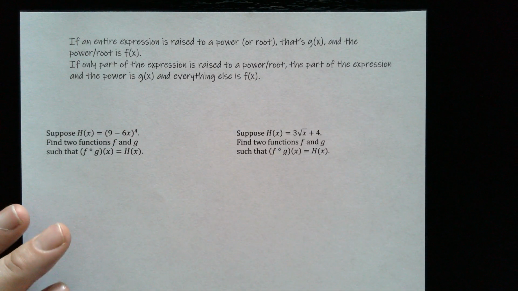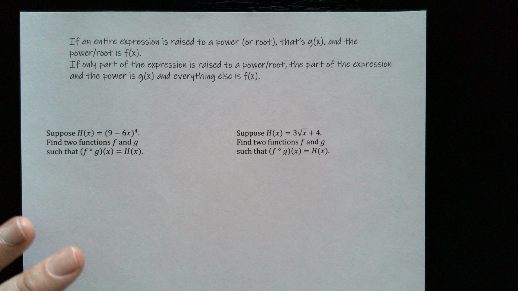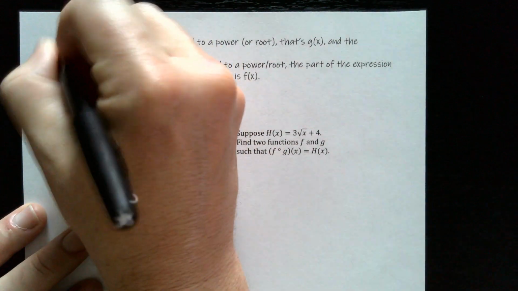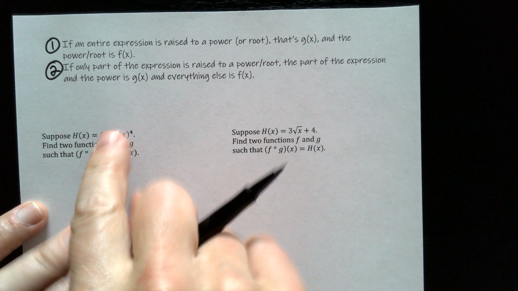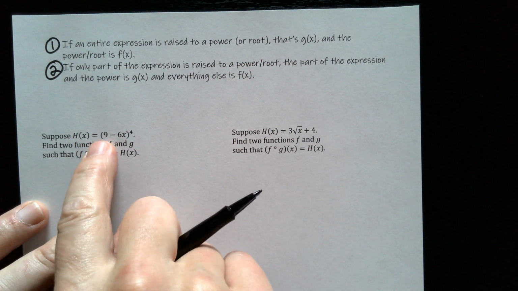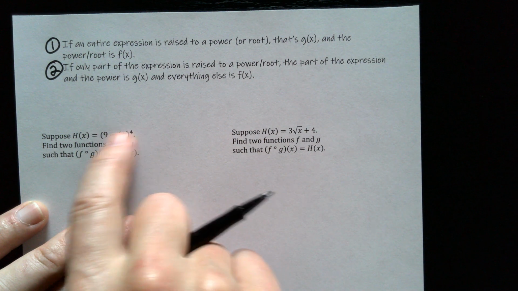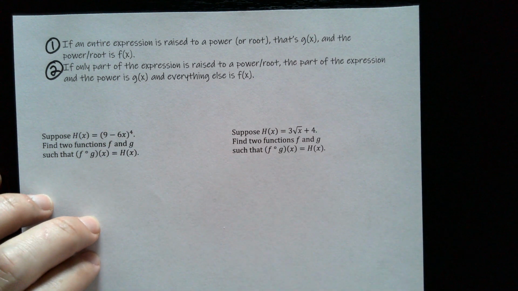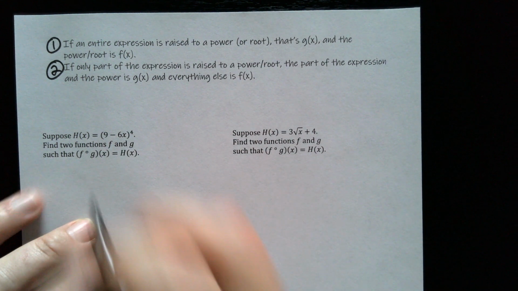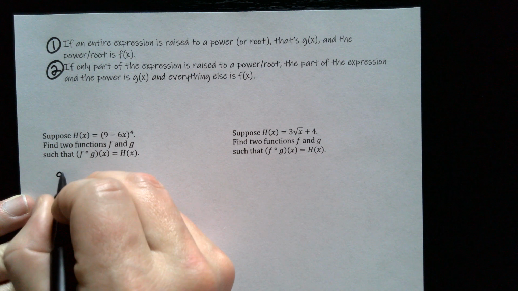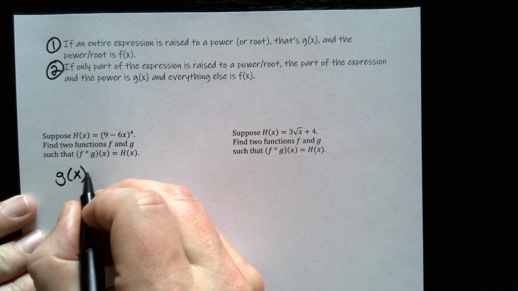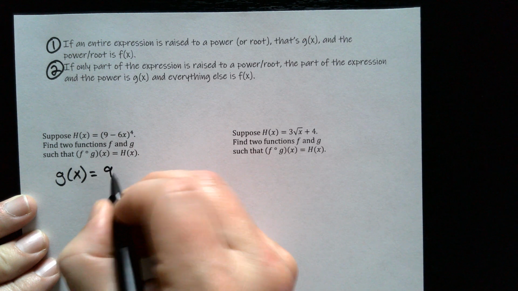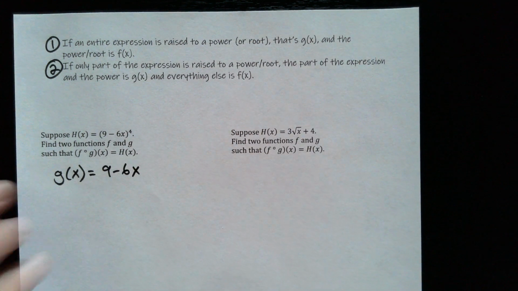Okay, let's do a few more of these. Okay, so I'll put the cases here again, so we can look at them and remember them. Okay, so this is h of x equals (9 minus 6x) to the fourth. So the entire expression is getting raised to the fourth. So that expression is g of x. So g of x is equal to 9 minus 6x.